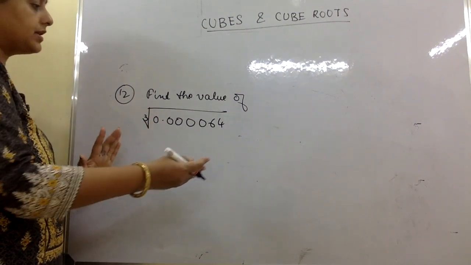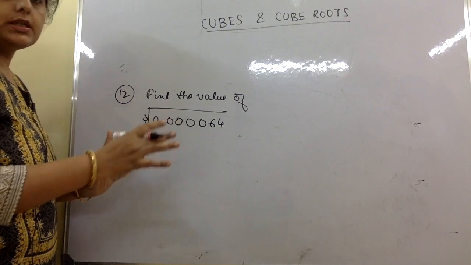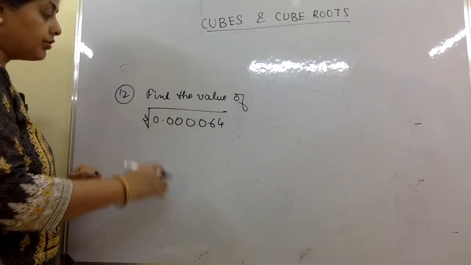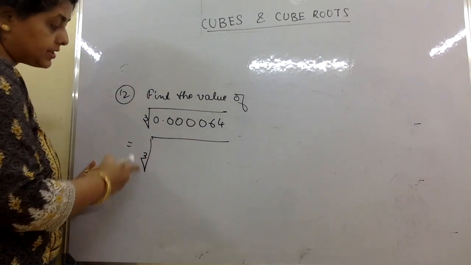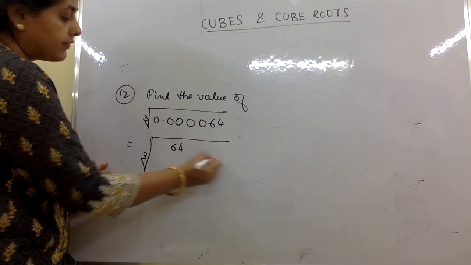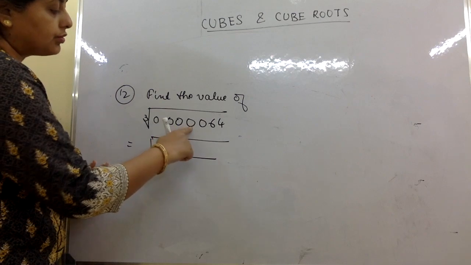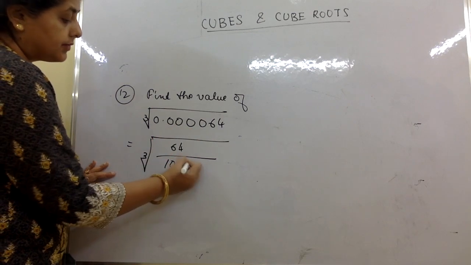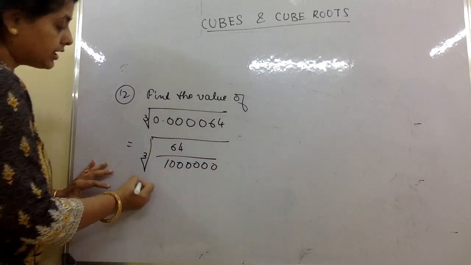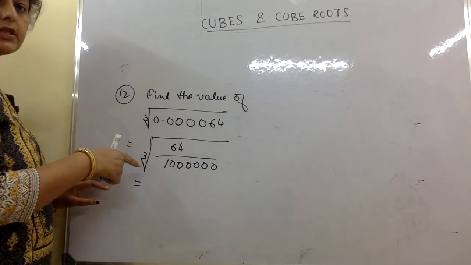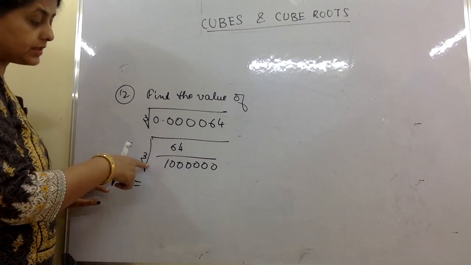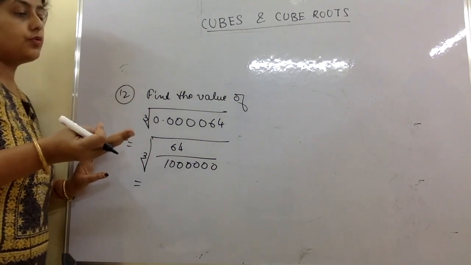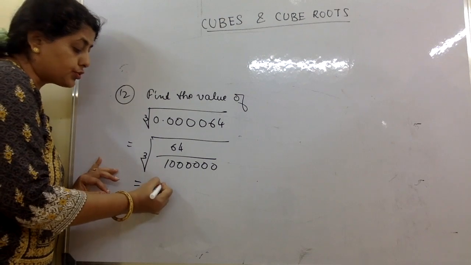Now how to handle it nicely? Just see here, cube. I keep writing the cube, and then I write the 64 and I divide it by 1, 2, 3, 4, 5, 6 zeros. That gives me the cube root of 64, that is 4 into 4, 16, 16 into 4, 64. So this is a 64.